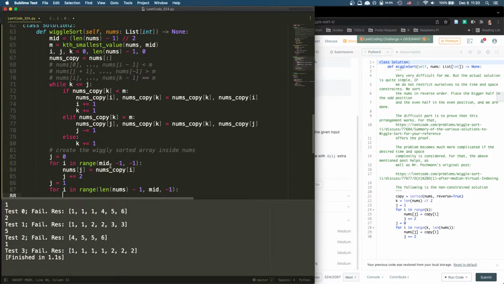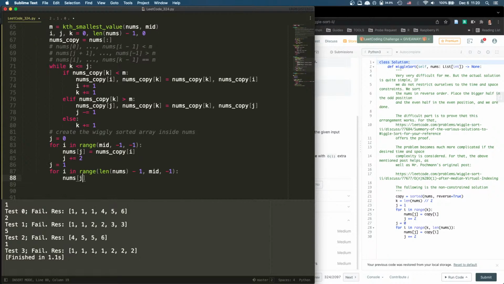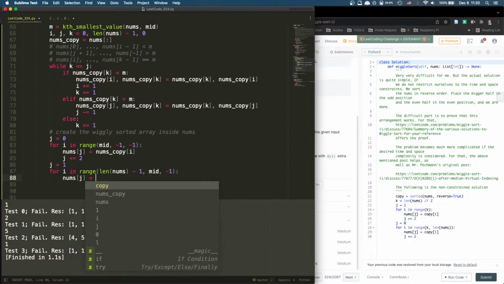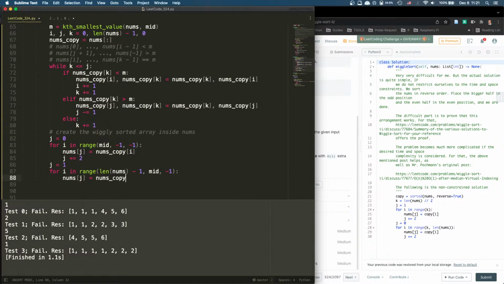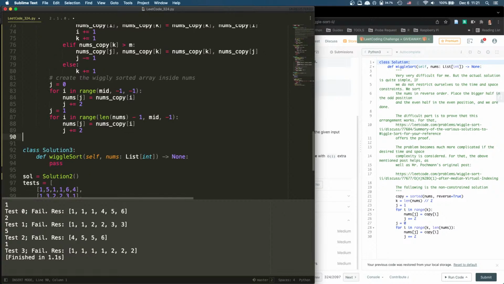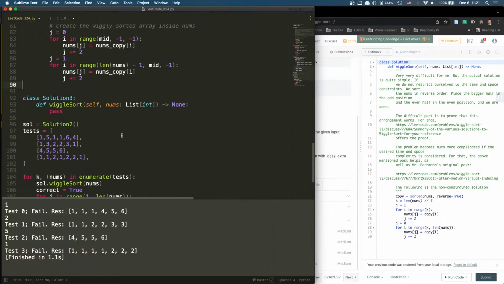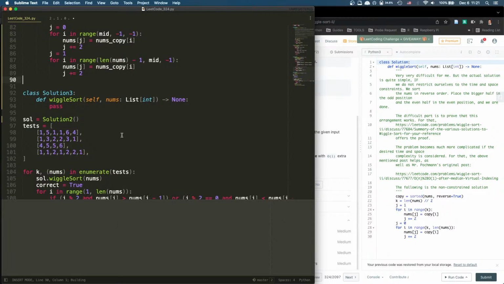And then we say nums J equal to nums copy I, J plus equal to 2. And once it's done, we are done. So that's solution 2. Let's see if it works.